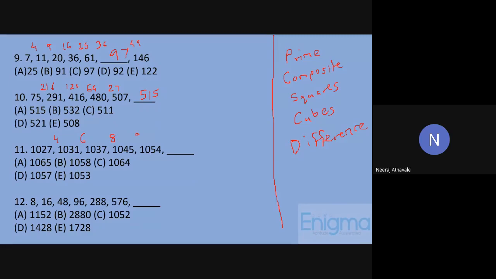But here, because it is 9, it has become 1054. Now 4, 6, 8, 9. Are they prime? No. Are they squares? No. Are they cubes? No. Are they all composite numbers, consecutive composite numbers? They are. So therefore, next composite number आ जाएगा 10. So answer will be 1064.